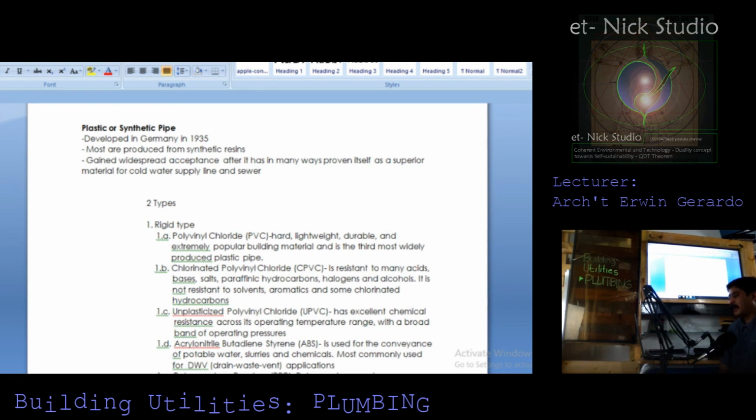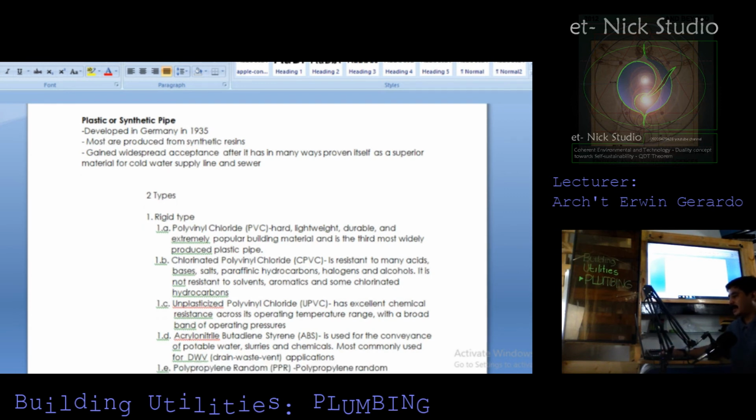Next is the chlorinated polyvinyl chloride, or the CPVC. It is resistant to many acids, bases, salts, paraffinic hydrocarbons, halogens, and alcohols. It is not resistant to solvents, aromatics, and some chlorinated hydrocarbons.